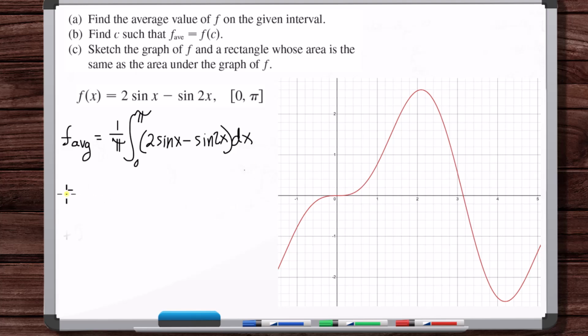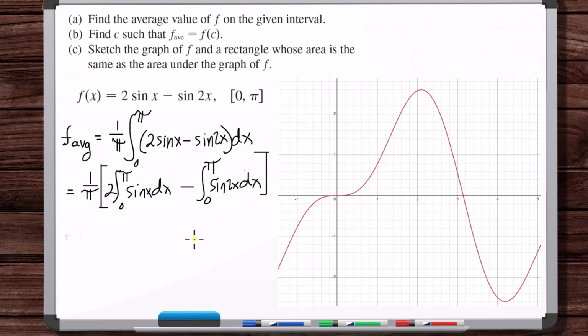So this is 1 over pi, and then from 0 to pi, we can take a 2 out here, sine x dx, minus the integral from 0 to pi of sine 2x dx.